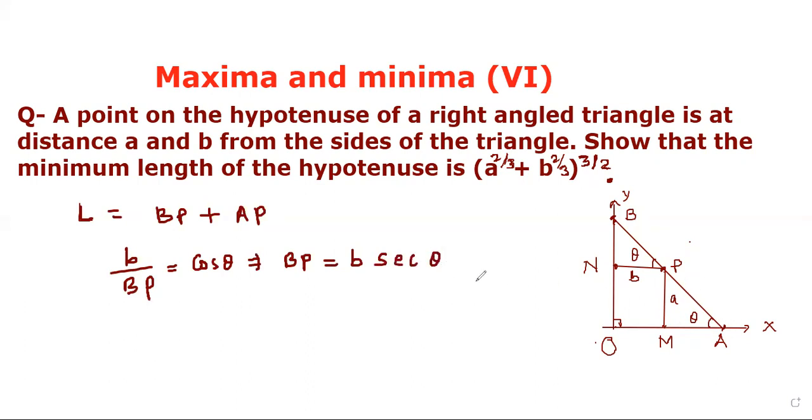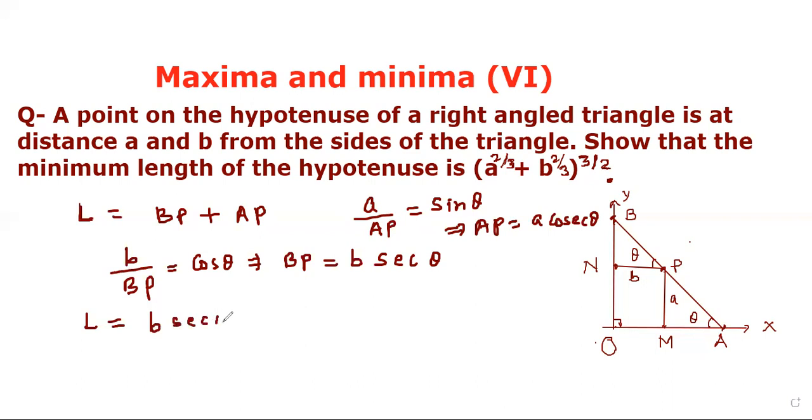Similarly, AP: this is perpendicular, so A upon AP, perpendicular upon hypotenuse, equal to sine theta, from where we get AP equal to A cosec theta. So we have got the values of BP and AP. Hence, L will be equal to B sec theta plus A cosec theta.